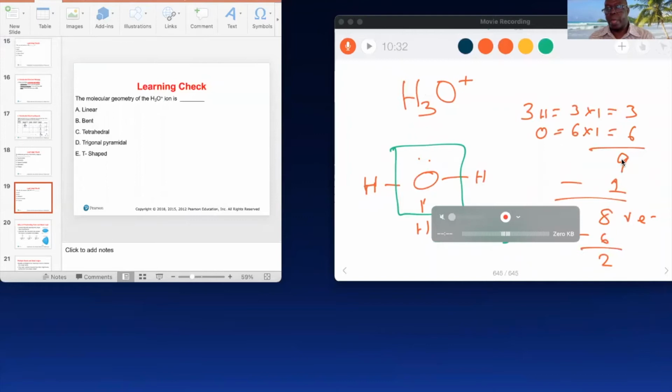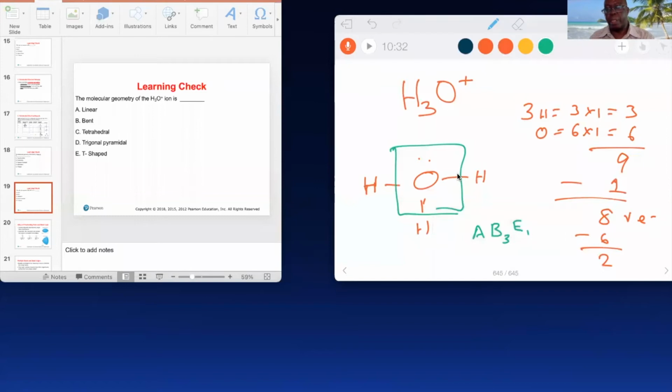Remember the total we had was 8. I am subtracting 6 because I've used 2 here, 2 here, and 2 here from the total. So 2, 2, 2 gives me a total of 6 electrons used in bonding. These are bonding electrons. That is where the 6 is coming from.